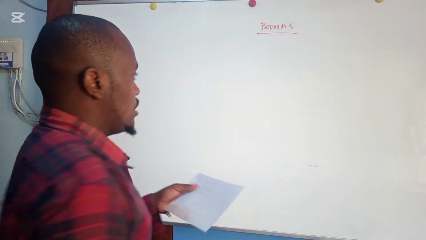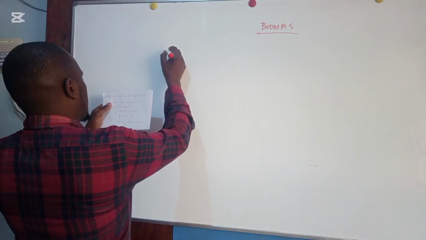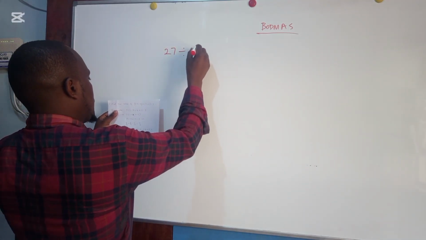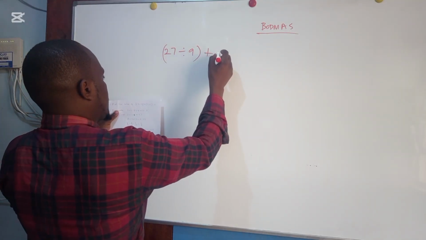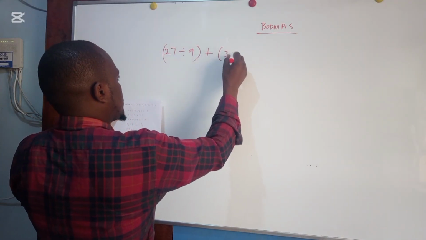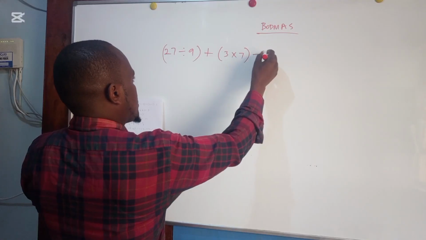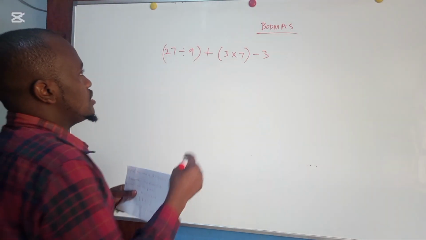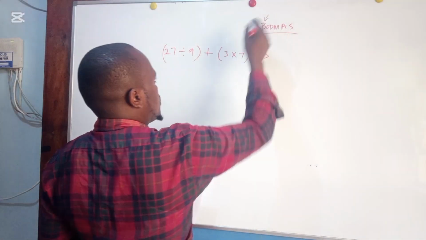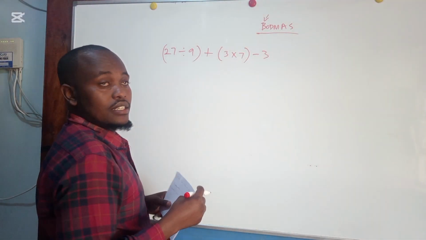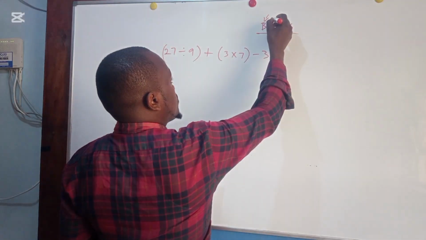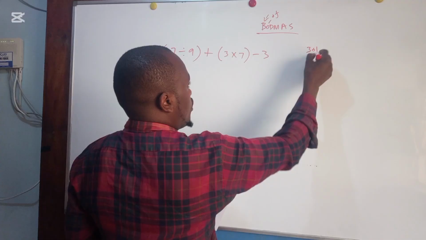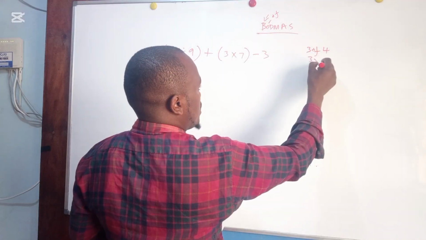Now, the first question here is written 27 divided by 9 plus 3 minus 3. The acronym B stands for brackets. O, of: when you are given 3 of 4, it's like 3 times 4.